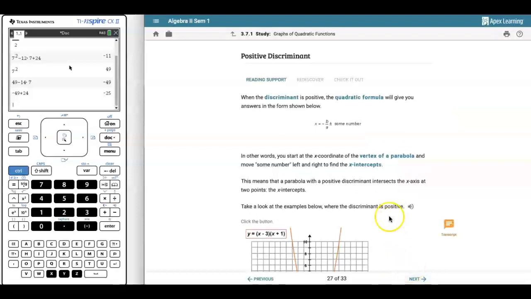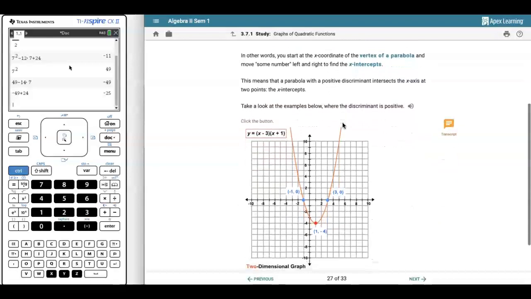Now, if the discriminant is positive, it's going to be our vertex plus some number, or our vertex minus some number. So in this example, we're at our vertex plus some number, vertex minus some number. We're moving to the left and to the right. And the number that we're moving over gives us our x-intercepts.